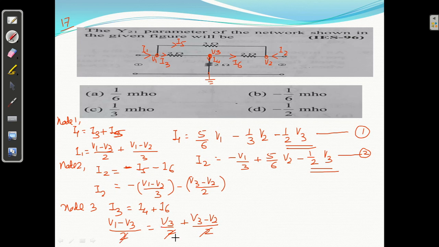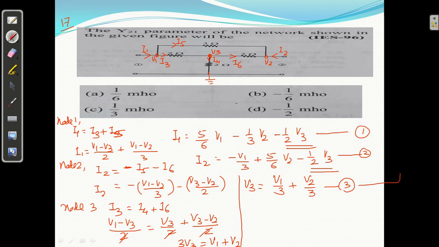If you solve it, you will get 3V3 equal to V1 plus V2. So V3 equals V1 by 3 plus V2 by 3. This is equation number 3, the value of V3.